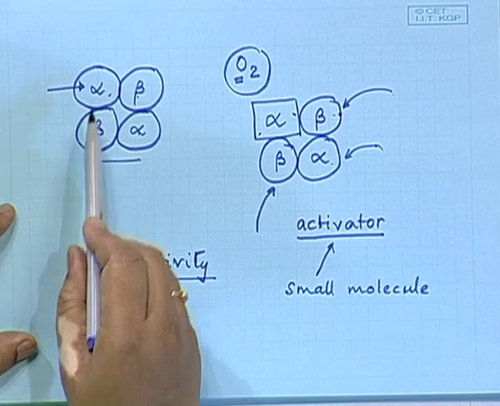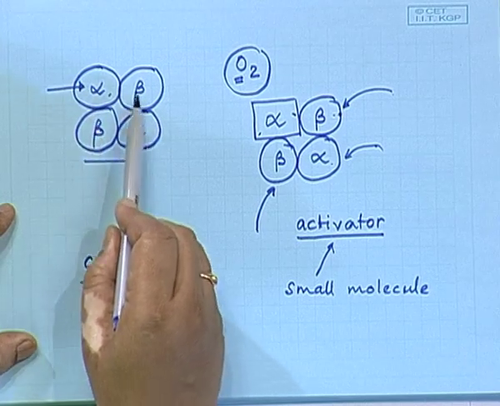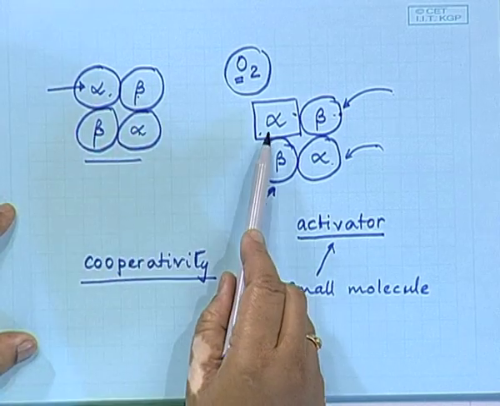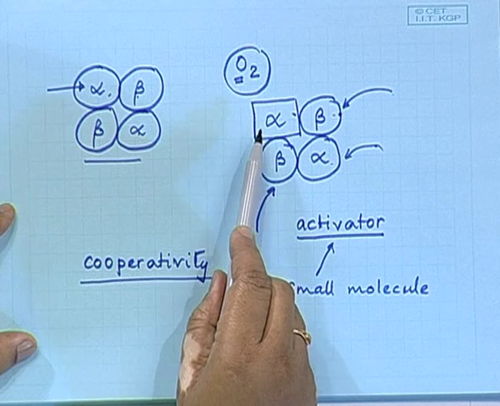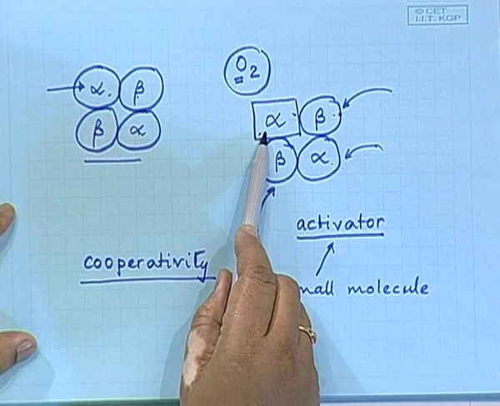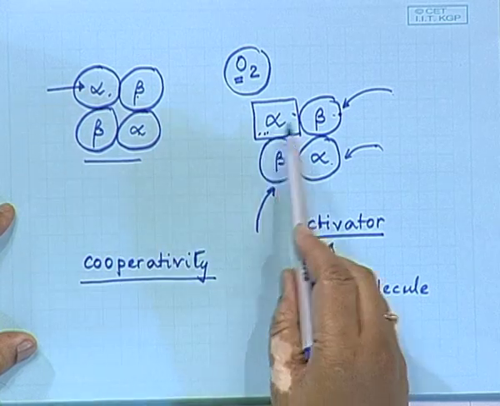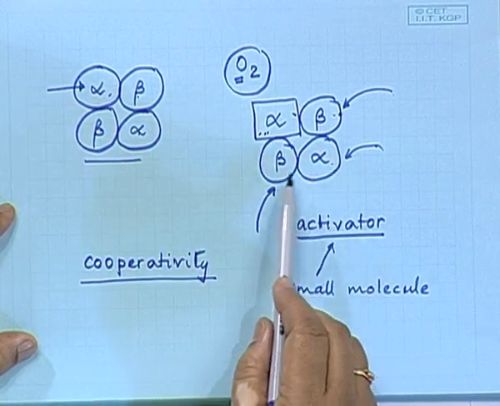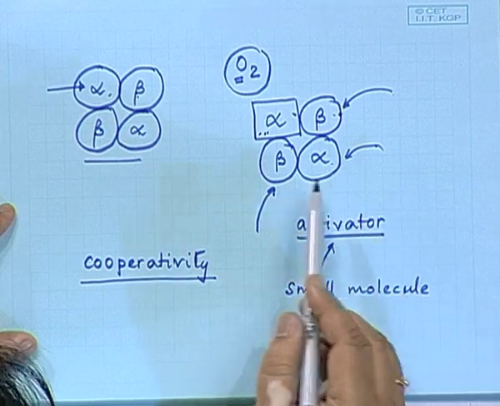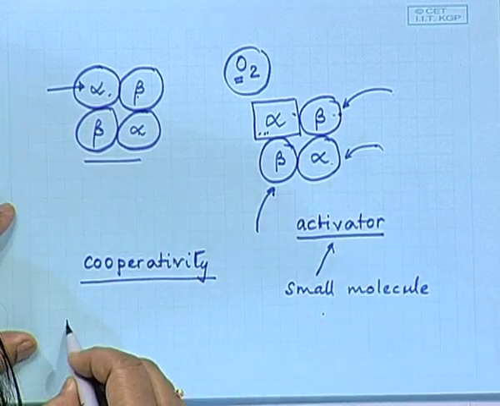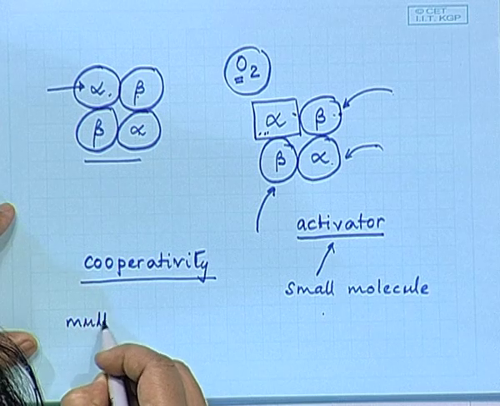What does that mean? Because you have these subunits together, if you have one of them activated or one of them bound to the small molecule, then it activates the binding of the other subunits to the small ligand as well. So, these are usually multi-subunit proteins.